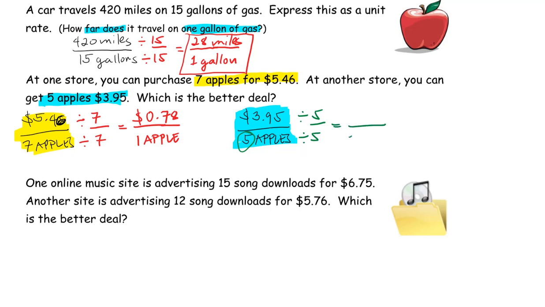So this gives me 1 apple. So 3.95 divided by 5 is 0.79.